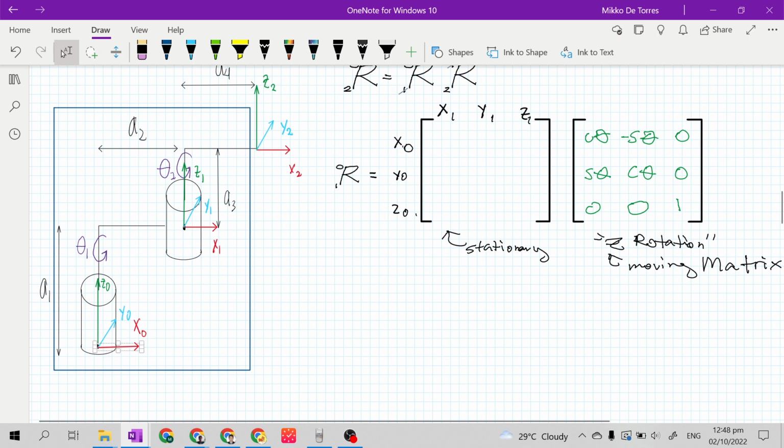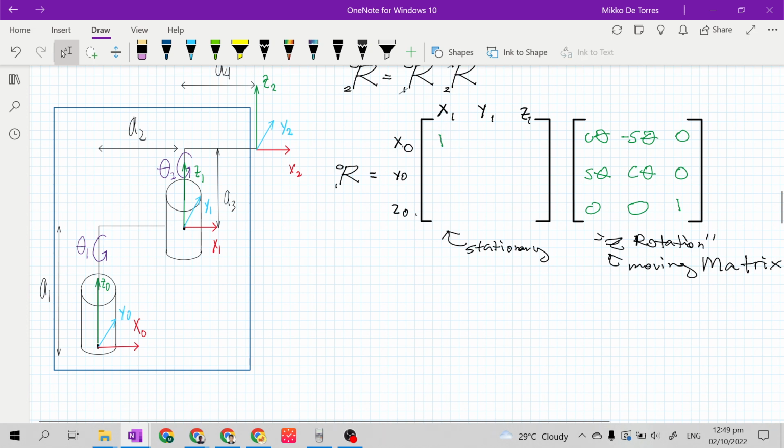Because x sub 1 and x sub 0 are in the same direction, the projection of x sub 1 on x sub 0 is no other than 1. The same goes for z sub 1 on z sub 0.